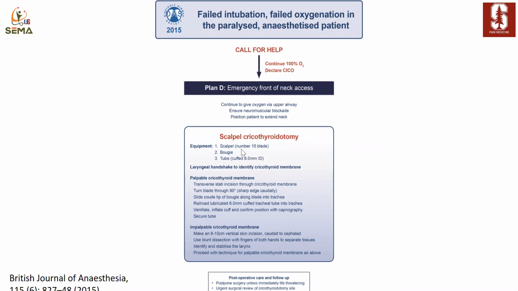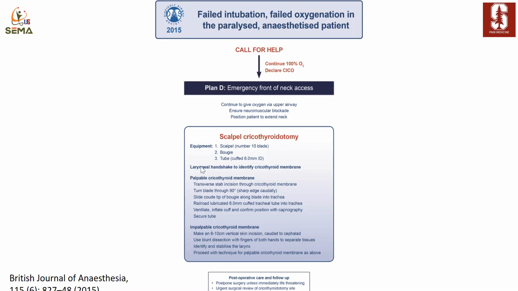So you put the blade, open, insert the bougie, and slide the tube over the bougie. And before that, you see here mentioned the laryngeal handshake to identify the cricothyroid membrane, because you're going to go through the cricothyroid membrane.